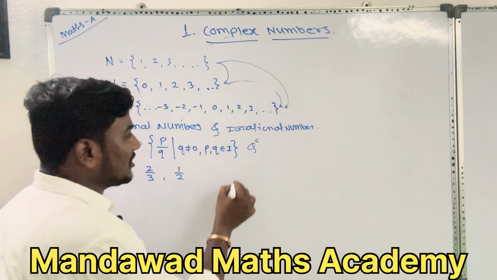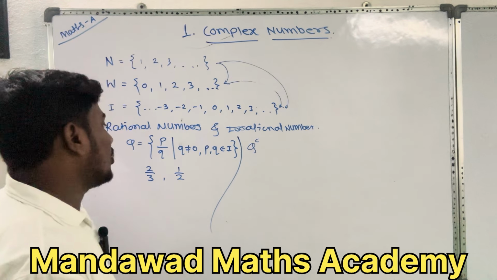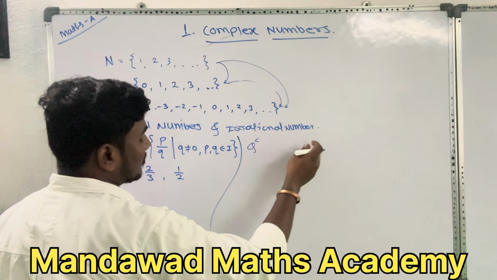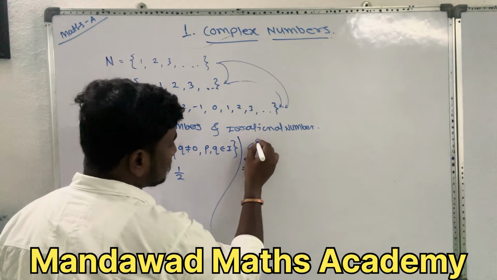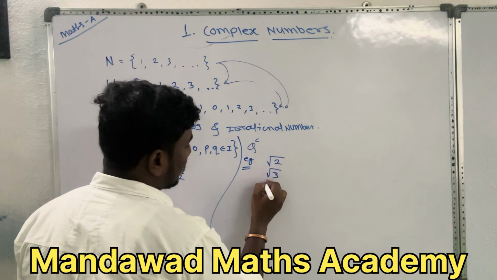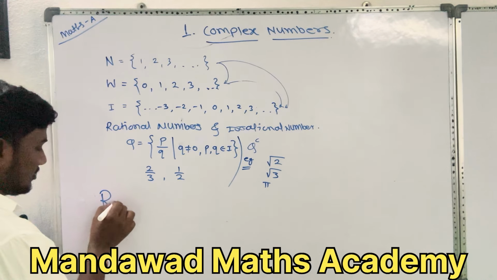So what are irrational numbers? Irrational numbers are non-terminating and non-repeating decimal numbers. For example, irrational numbers are root 2, root 3, pi. Now the real numbers.